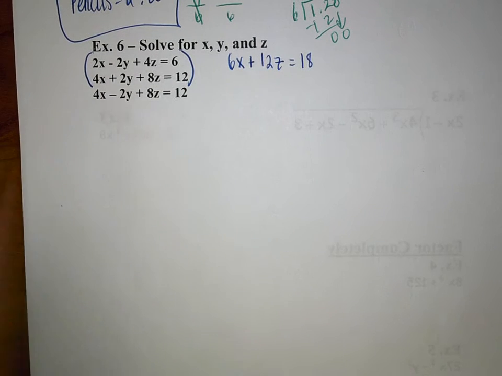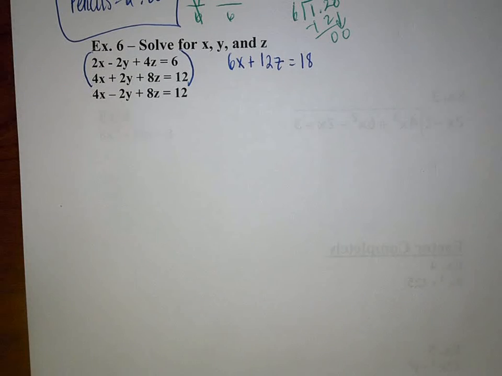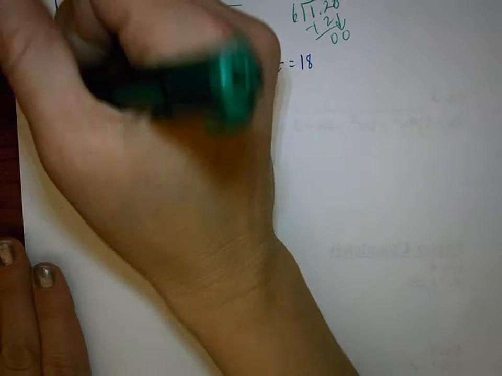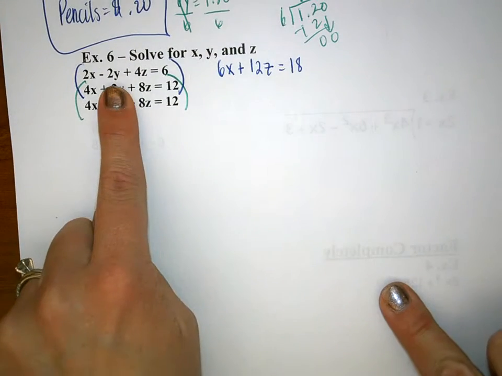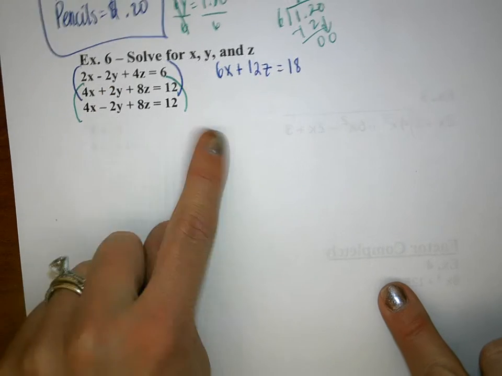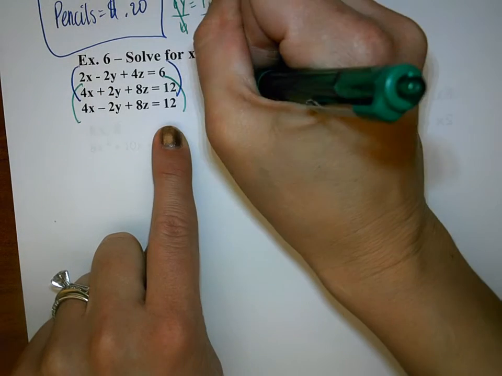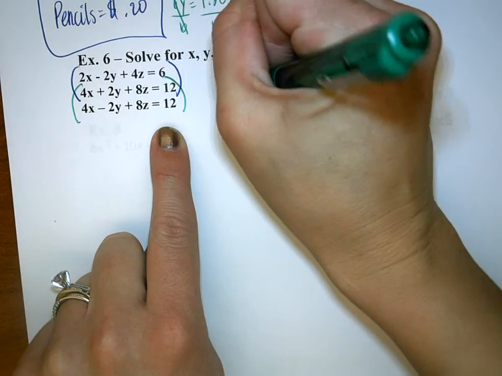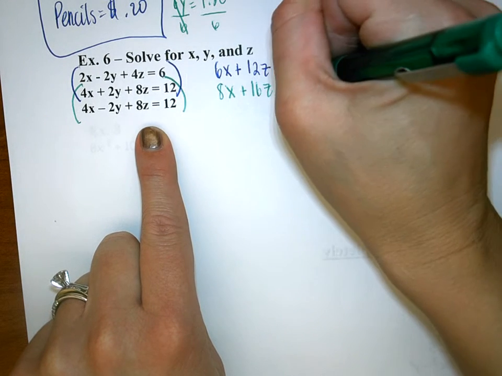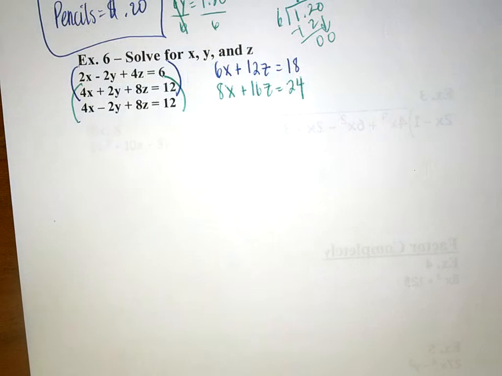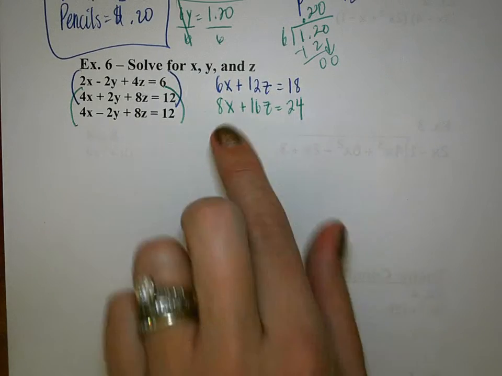So what 2 equations should I use? Good, the last 2. And again, I won't have to multiply by anything. I can just add those together and eliminate the y's. So when I add those last 2 together, I get 8x plus 16z equals, okay. So now I have my 2 equations with 2 variables.